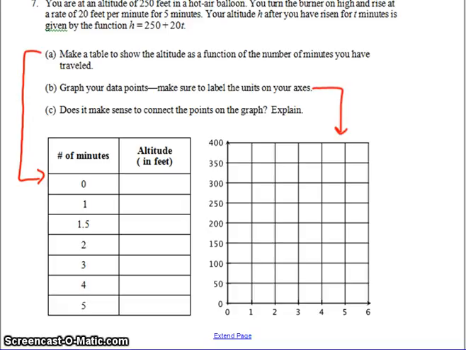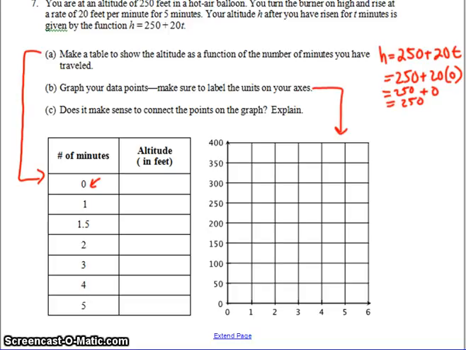For A, we have to take our minutes and plug it into the equation. Number of minutes 0, so we take the height. I'll show the work over here. H equals 250 plus 20t. Now 250 plus 20 times 0. For the first one, this is where I got the 0 from. 20 times 0 is 0. 250 plus 0 is 250.